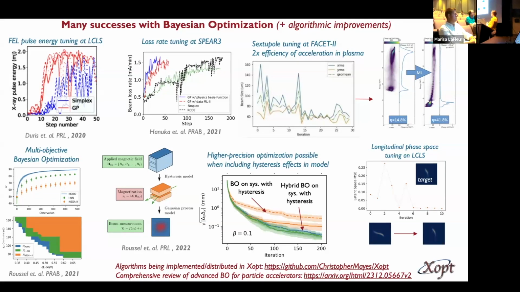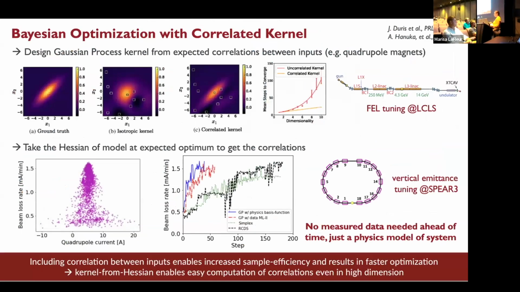I won't go into detail, but there's a pretty comprehensive review article that we worked on with the community available on arXiv that goes over a lot of the methods that we've been developing.